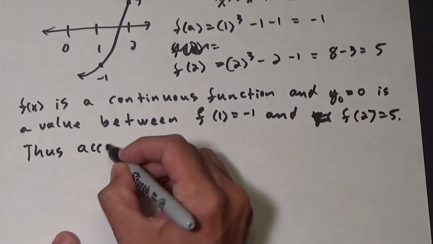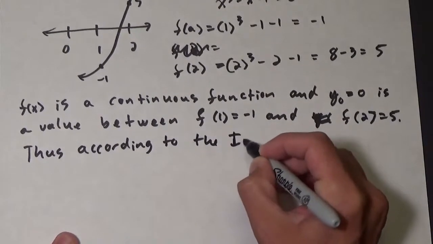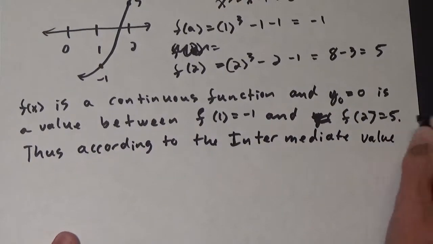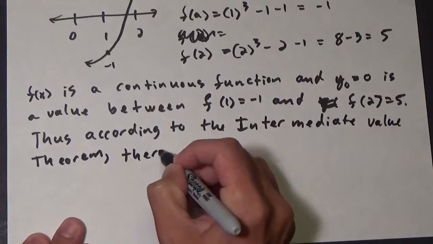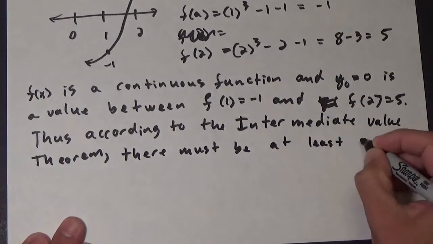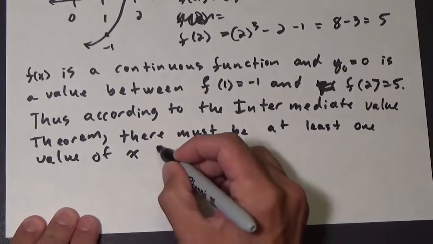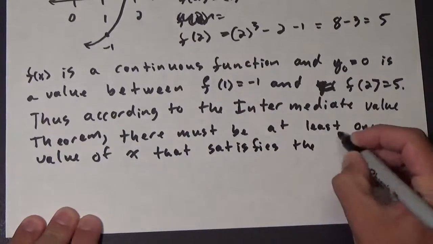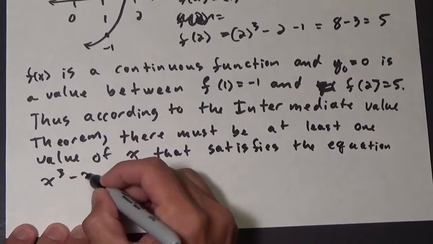Thus, according to the intermediate value theorem, there must be at least one value of x that satisfies the equation x cubed minus x minus 1 equals 0.